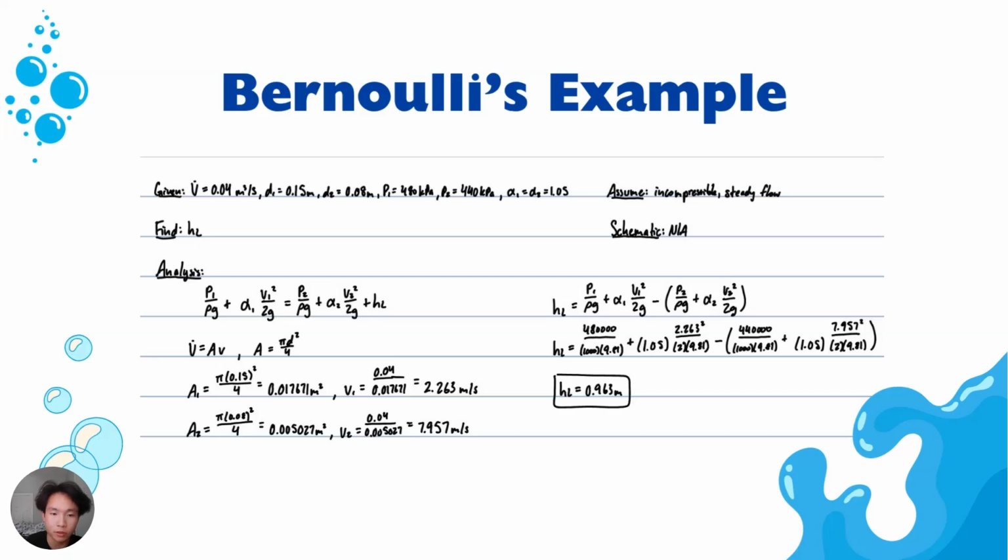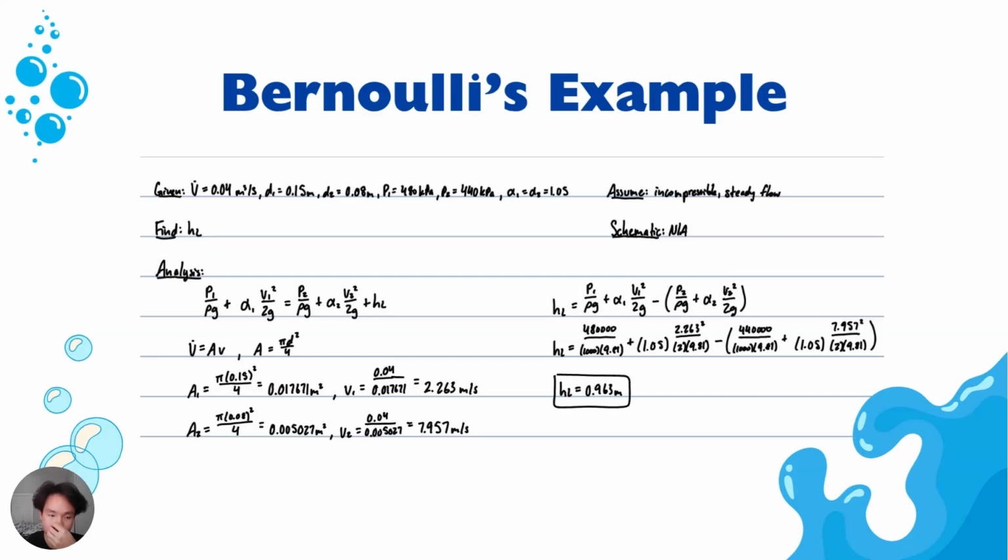We're not given the depth or the elevation, so we are assuming that they're equal or a negligible difference, so we can just take that out of the equation here.